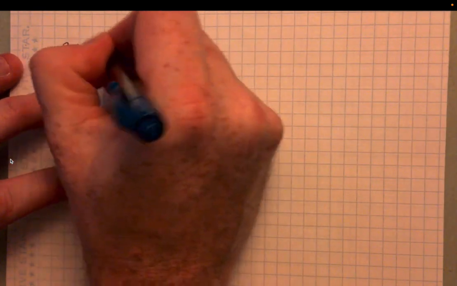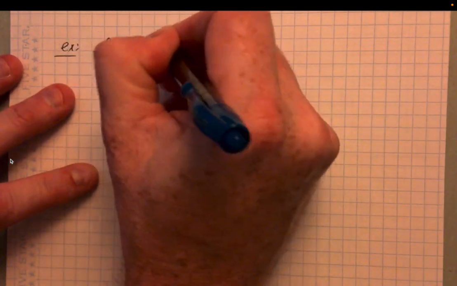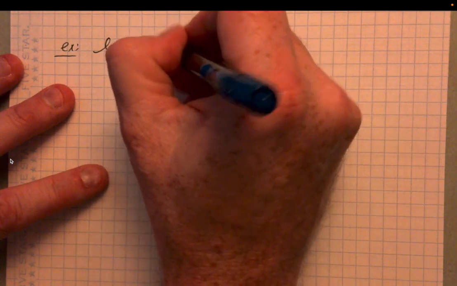Let's take a look at a couple of examples of isomorphisms and then use the strategy that we just talked through to show that the groups are indeed isomorphic. Here's a great first example, I think. Let G, our G group, be the real numbers under addition.